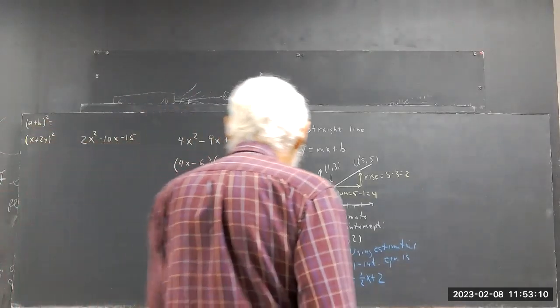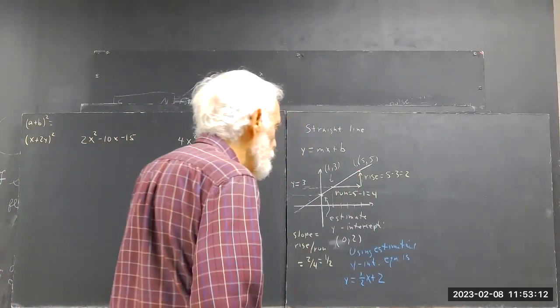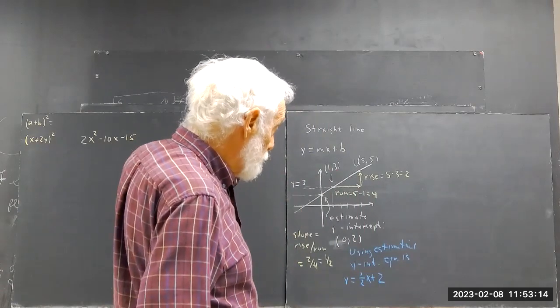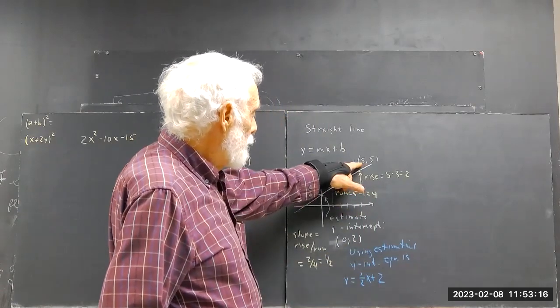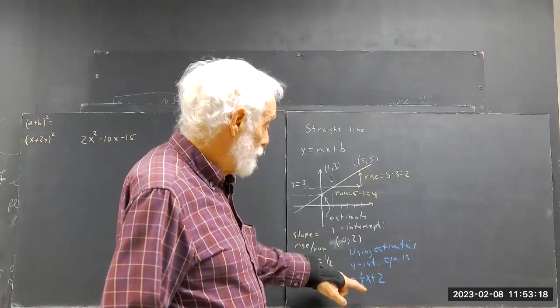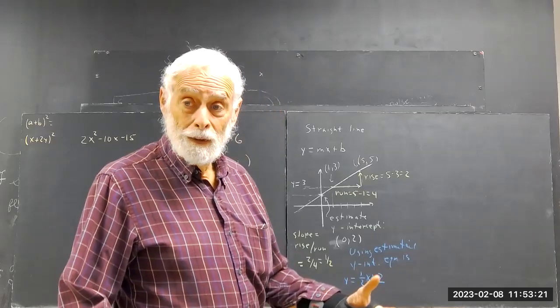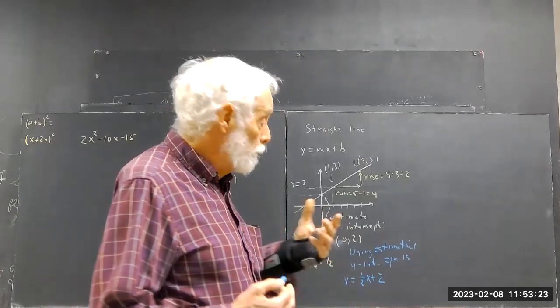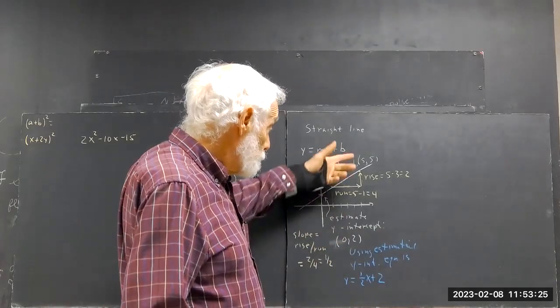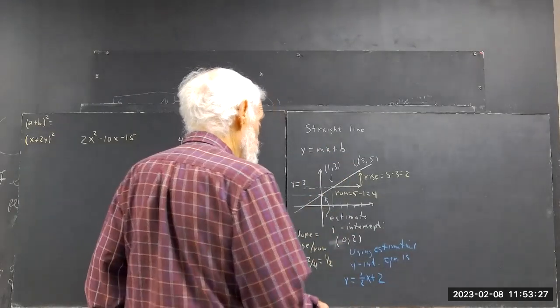Well, we're going to see that it doesn't work. If x equals 5, you don't quite get 5, because half of 5 is 2.5. You add 2.5 to 2, you get 4.5. That's close to 5, but it's not 5. Now let's work it out.